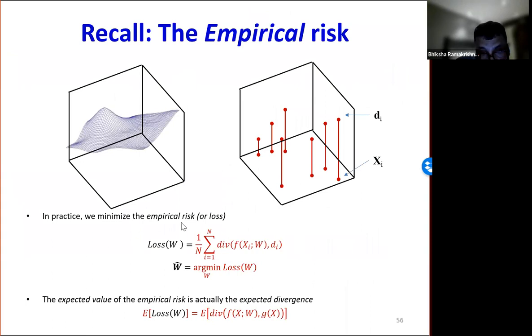The expected value of the loss is actually the expected value of the divergence, which is why we claim that minimizing the loss is going to somewhat be a good proxy for the actual objective function that we're trying to minimize.